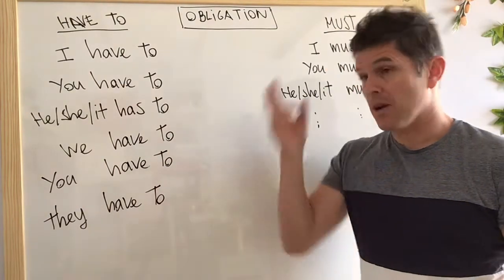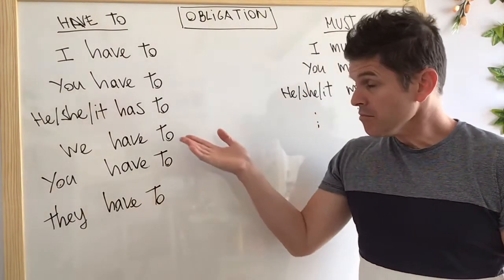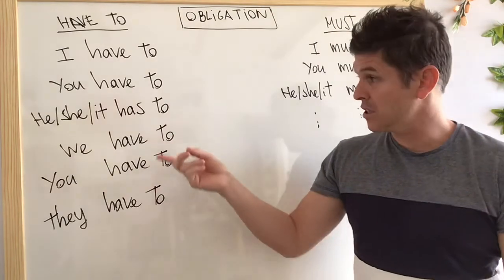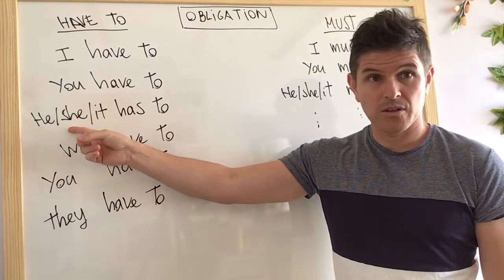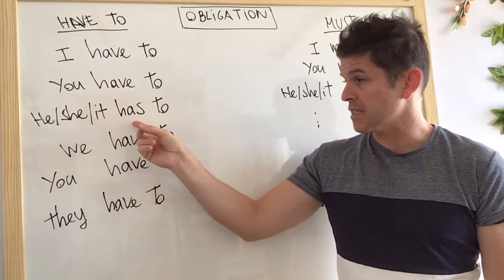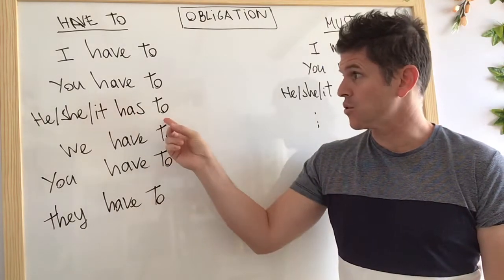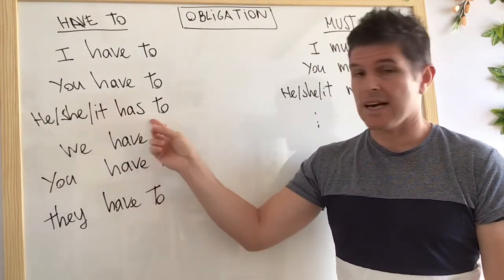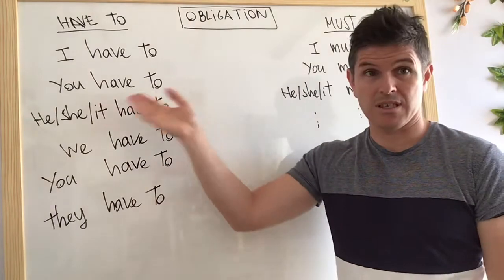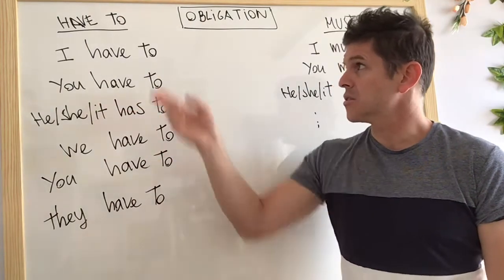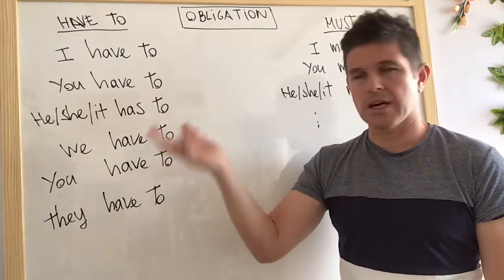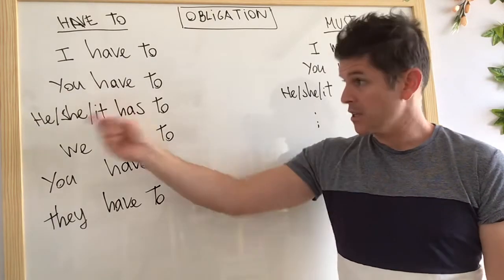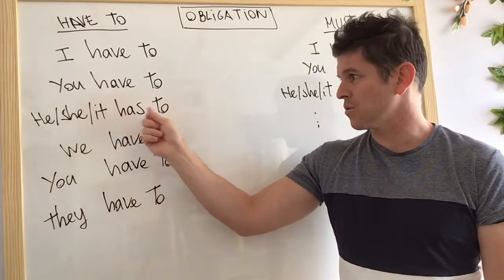Okay, with have to, like have got, it changes for he, she, and it. It has to. He, she, it has to. Like have got is has got. So I have to, you have to, we have to, they have to, but he, she, it has to.